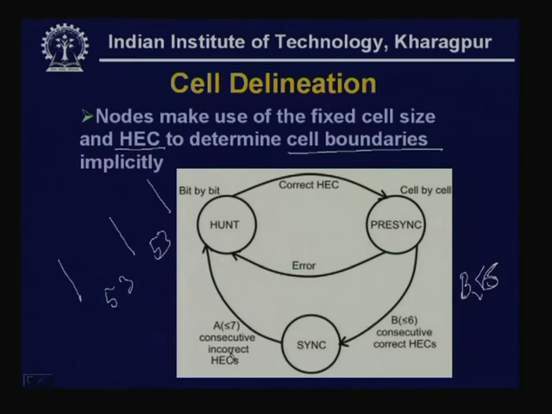However, whenever there are incorrect header error controls, if 7 consecutive incorrect header error control flags are received, then again it goes back to the hunt mode. So, we find that the cell delineation is performed with the help of the header error control bits, and synchronization is done with the help of this particular field in an implicit manner.